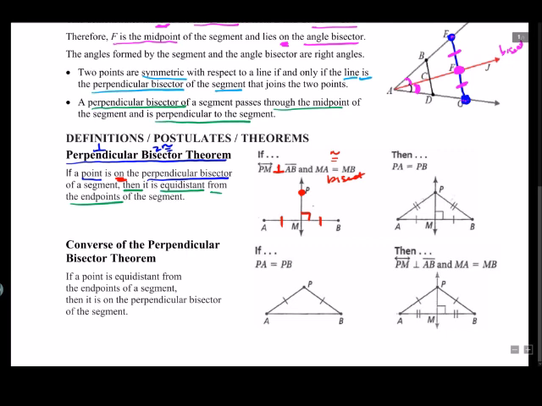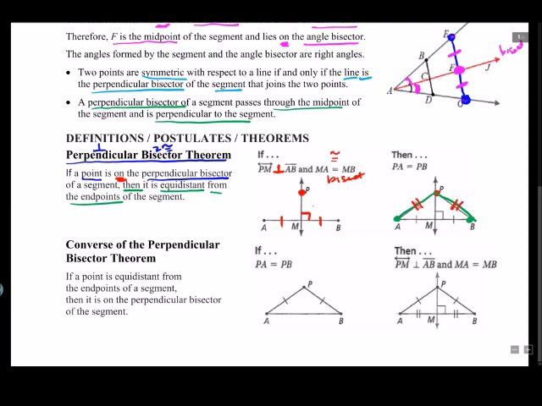Then what happens? Then our point is equidistant from the endpoints of the segment. Here are the endpoints of segment AB, the segment that it's perpendicular to. It is equidistant from those points. So we can mark these two congruent.